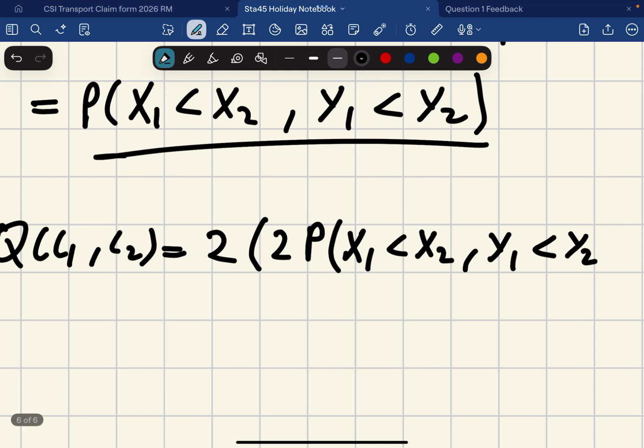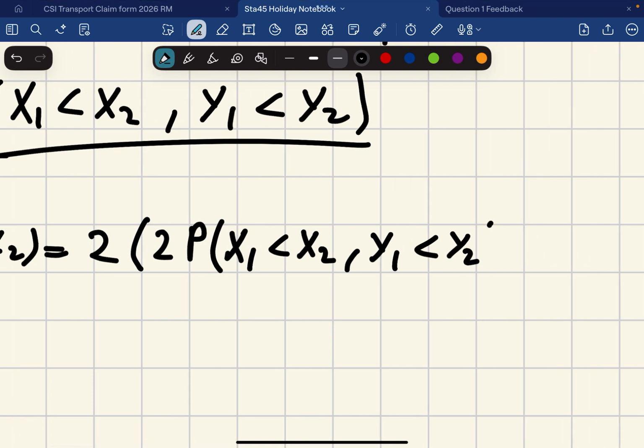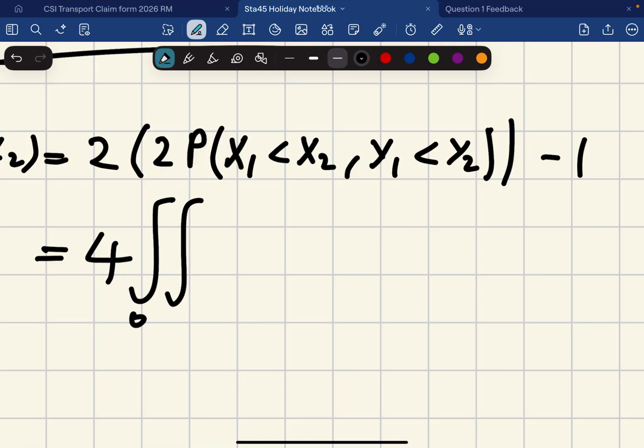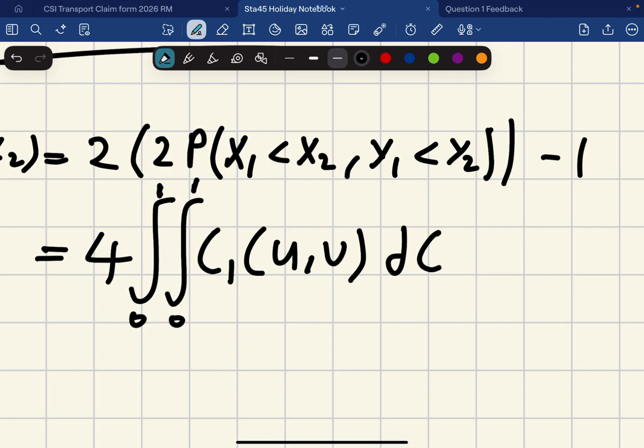This is the case. Minus 1, and I know this before, times double integral from 0 to 1 of C1(U,V) multiplied by the joint PDF of U and V using the second copula.